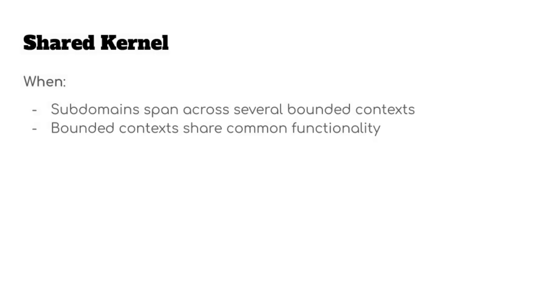Sometimes subdomains are big enough to require multiple bounded contexts for their correct modeling. In such scenarios, it is normal for some of the bounded contexts within the subdomain to share some amount of functionality. So the natural question arises, how do you model this shared functionality?